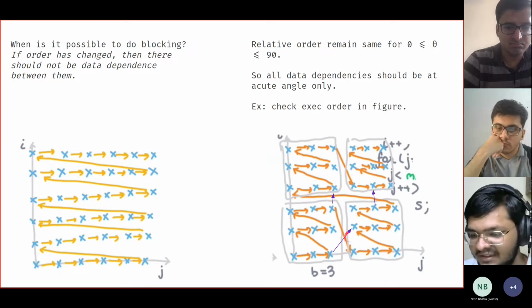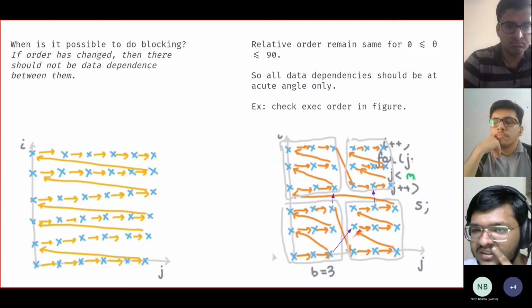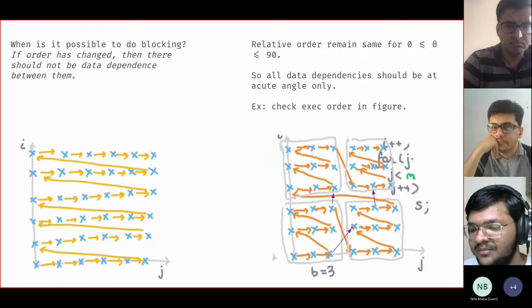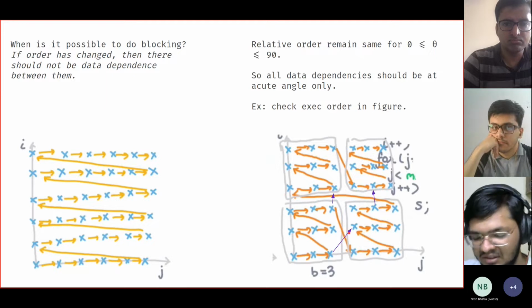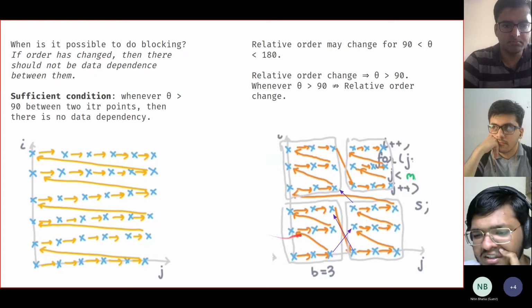So all the dependencies like these are not going to get violated when we do blocking. The relative order remains the same between these 2 points if we try to do blocking here.